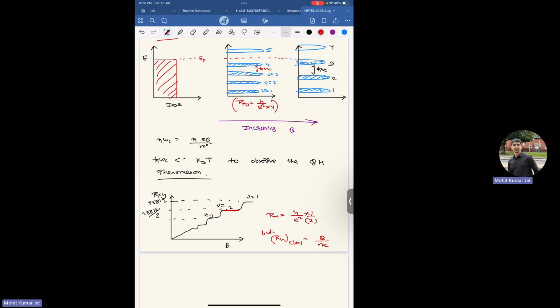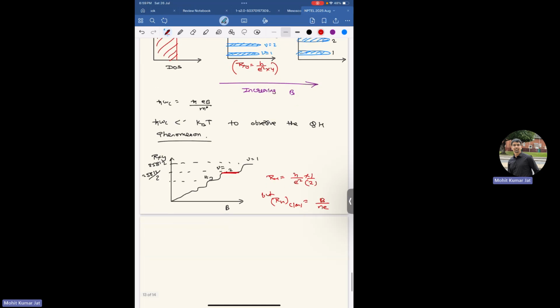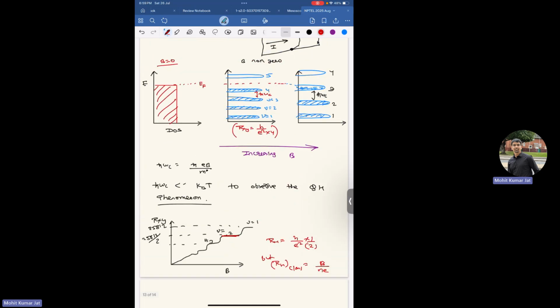With the magnetic field, it should increase linearly. But here it doesn't. So that tells you that there is a subtle fundamental difference between the classical Hall effect and the quantum Hall effect, and that's because of these quantum discrete energy levels which you are having here.